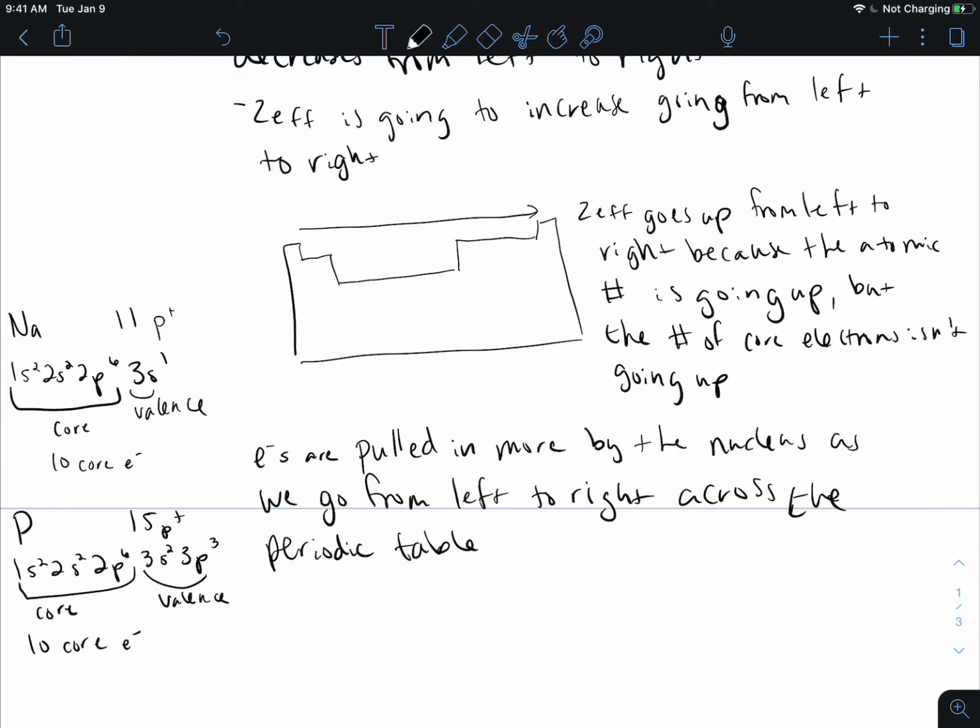And when we do that, it's going to cause us to have a smaller atom. Our atomic size is based on our electron cloud, so as we pull that electron cloud in, our atomic radii get smaller.